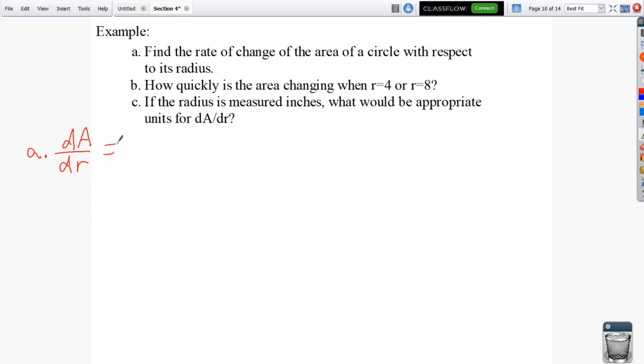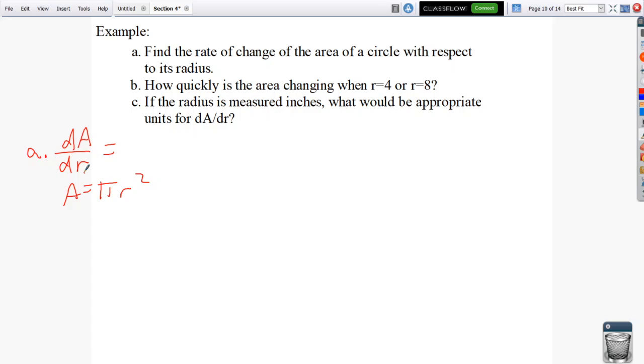To calculate dA/dr, all you have to do is come up with an equation that is area in terms of radius. And I hope you all know that that is the area formula for a circle. Looking at that, I want to find the derivative of A with respect to r.